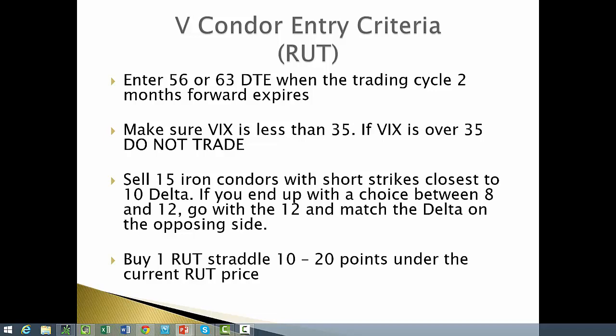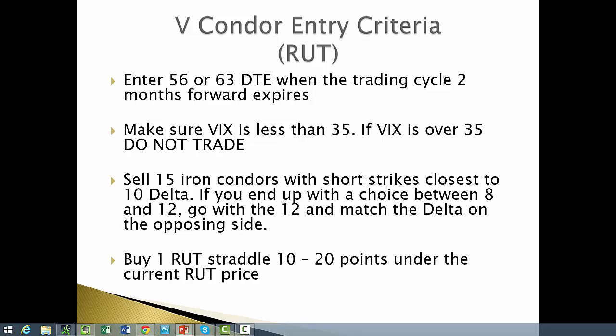When we enter the V Condor, we want to make sure that our VIX is less than 35. This is the filter that we're going to use to keep us out of excessively volatile markets. I would suggest not trading any Condor strategy in a VIX over 35. Most Condor strategies are going to fail long before VIX 35. The V Condor historically has done okay in general if we are under the 35 level.